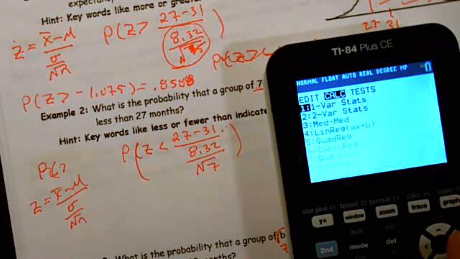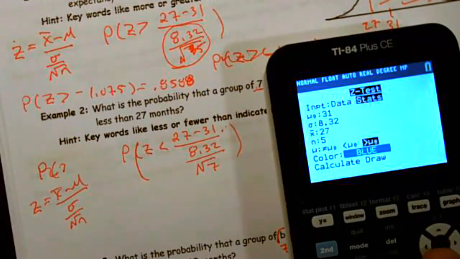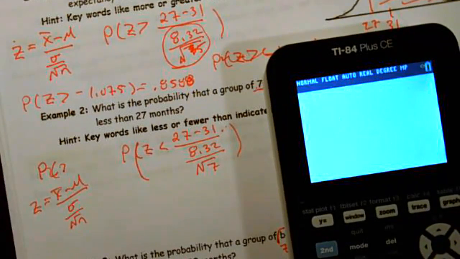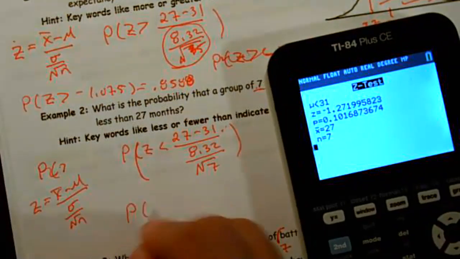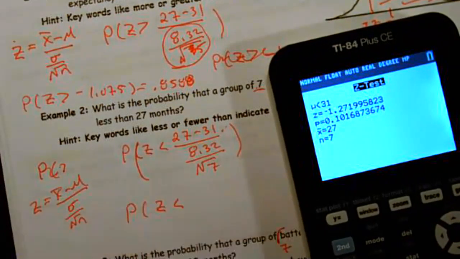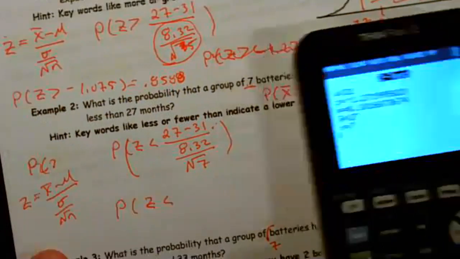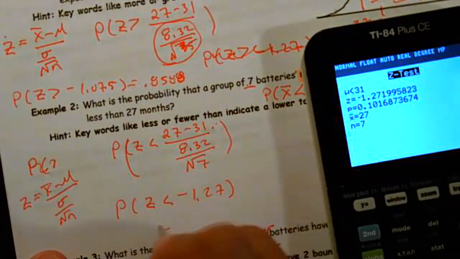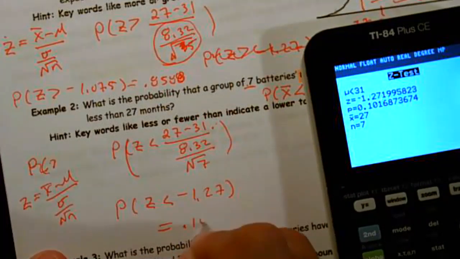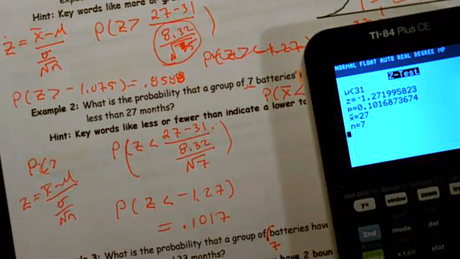So stats, test, z-test, changing my sample size to 7, changing my direction to less than. And now I have the probability that z is less than negative 1.27, and that equals 0.1017. All right? Okay, next problem.